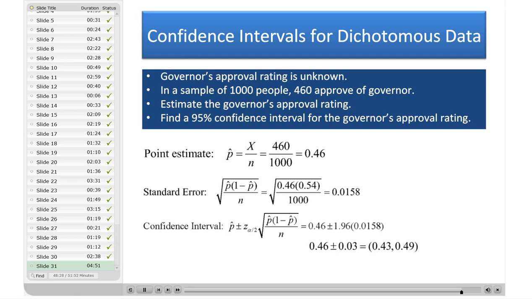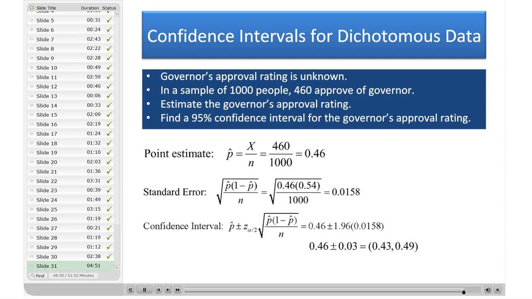If you take a sample of size 1,000 and 460 people in that sample approve of this governor, well, then that's 46%, right? In other words, we're going to take 460 and divide by 1,000, and we get 0.46. So our point estimate for the governor's approval rating is 0.46, or 46%.